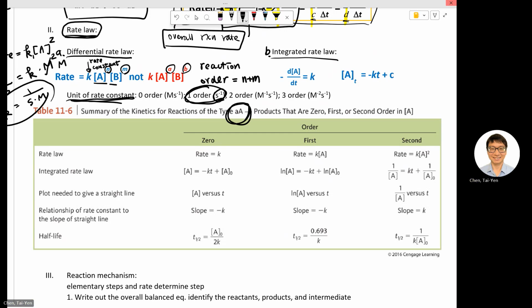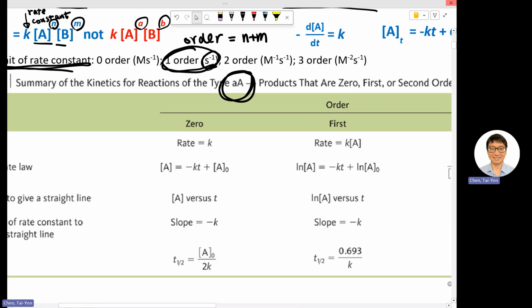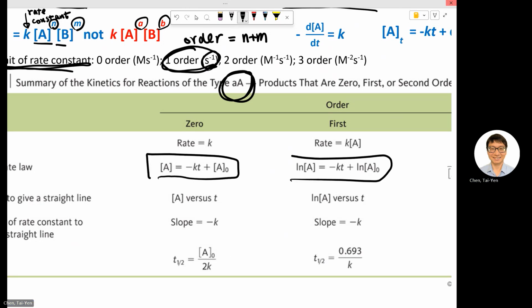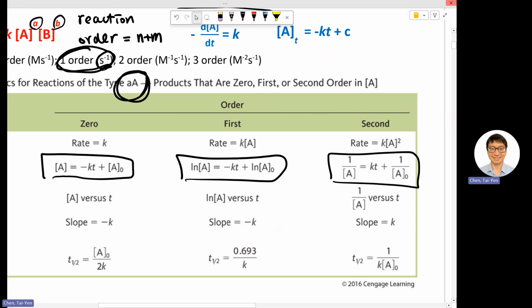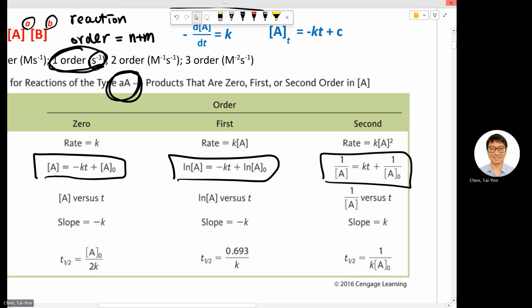For this specific condition, you need to memorize the integrated rate law for zeroth order, first order, and second order. And that's it, three equations. So these are the three integrated rate laws you need to memorize.